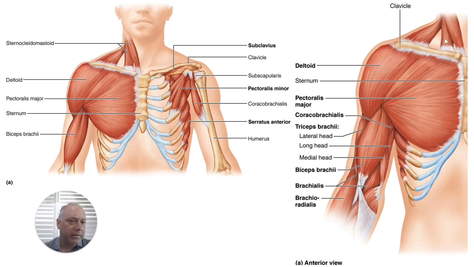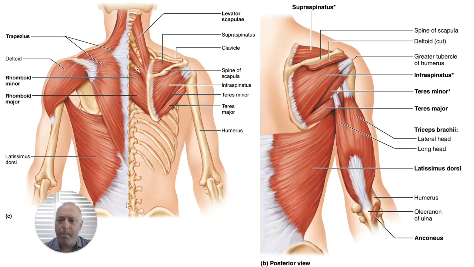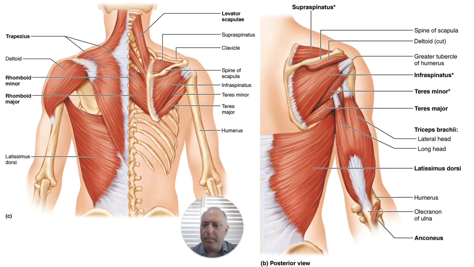We've got the sternocleidomastoid, the deltoid, pectoralis major, and the arm, which we'll look at in just a minute. We've got the biceps brachii. Anterior and posterior would be the triceps brachii, as well as the brachialis and the brachioradialis. One more would be the coracobrachialis.